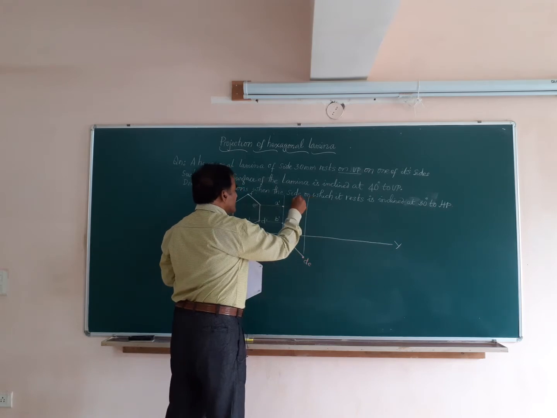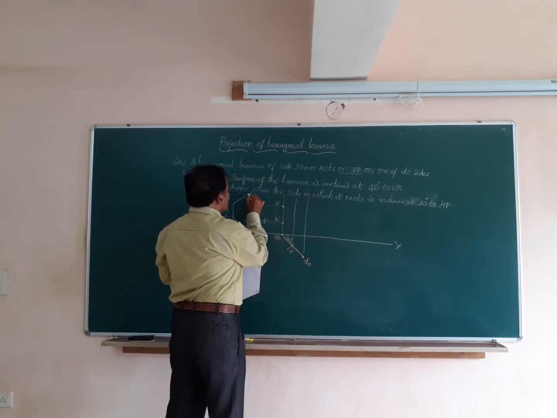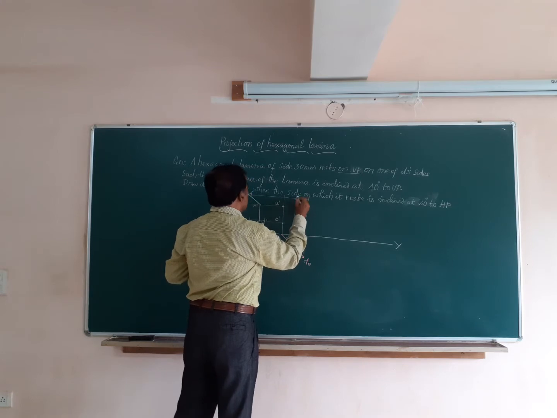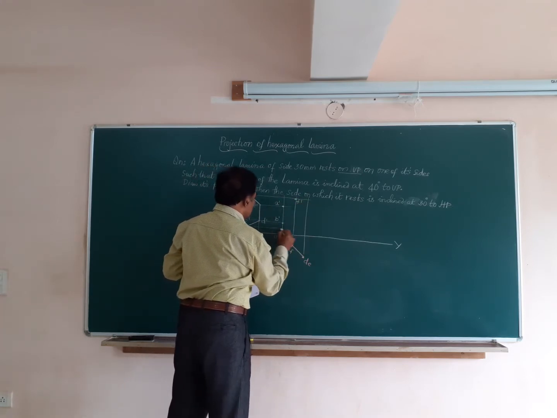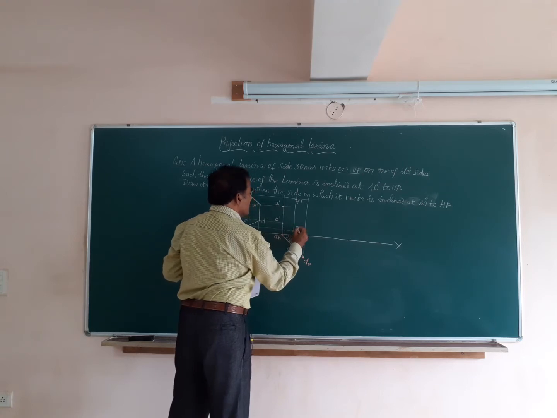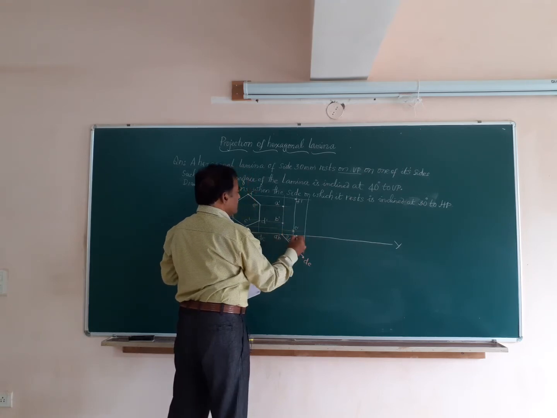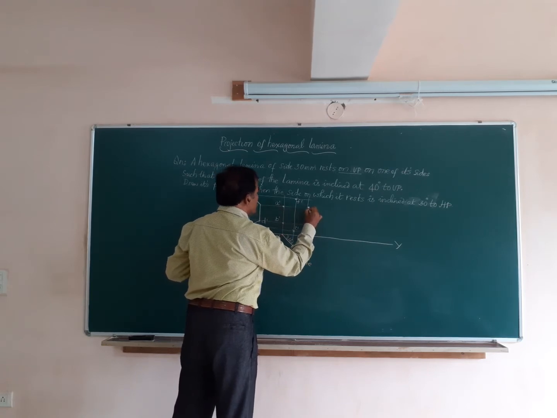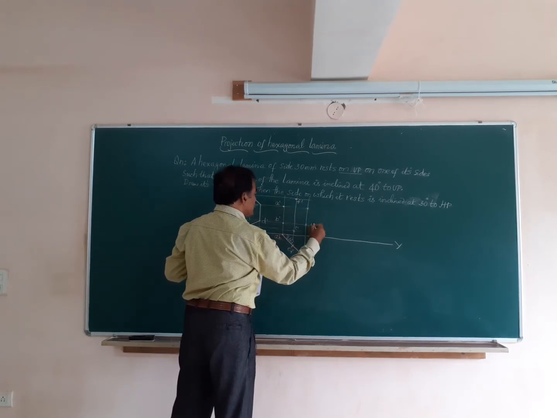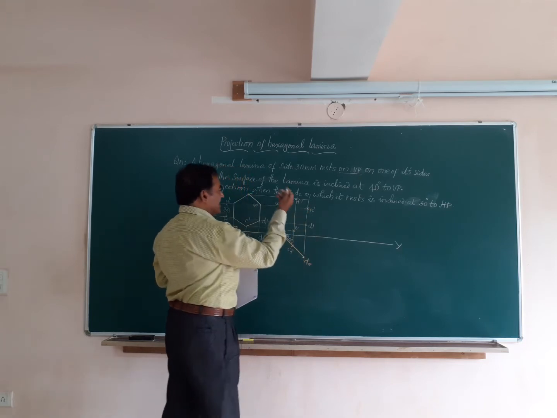So one line from here, a line from here. So on this you are going to get this point F dash, and here you get the point C dash, and here this is going to be D, and this is going to be E. So this is going to be D dash, E dash and F dash.